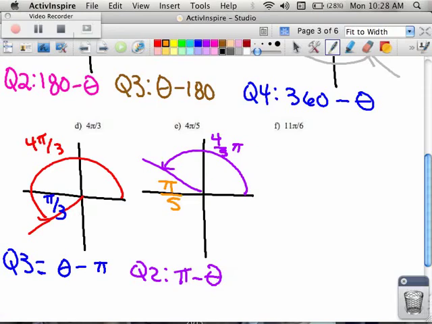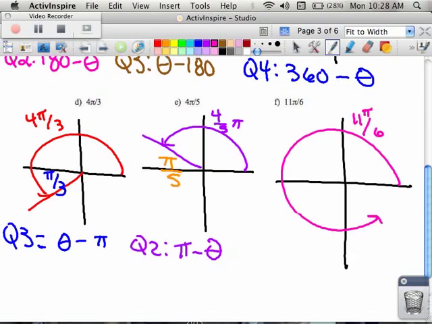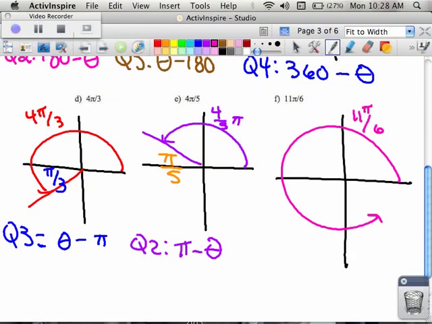And then the last one in radians is 11 pi over 6. And if you know your unit circle, you know that 11 pi over 6 is over in the 4th quadrant. So this is 11 pi over 6, or 11/6 of a pi. In quadrant 4, the rule was 360 minus our angle, but now we're going to say 2 pi. So in quadrant 4, it's now 2 pi minus our angle.